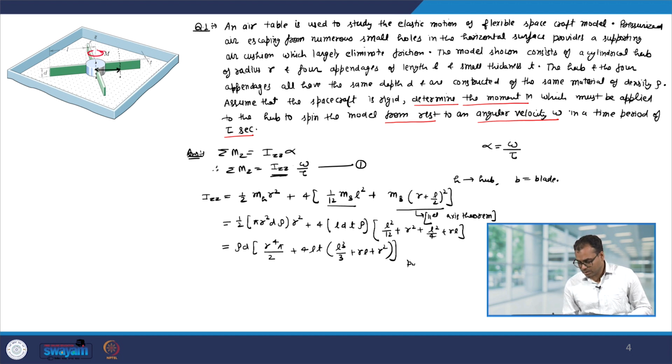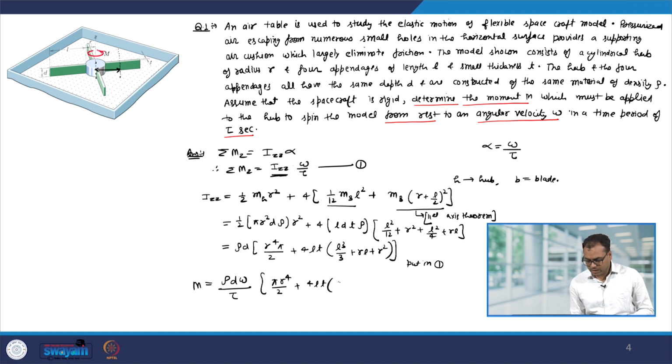Now, let us put this in 1. So, we get m equal to rho d omega divided by tau, pi r to the power 4 divided by 2 plus 4 L T, L to the power 3 divided by 3 plus r L plus r square. Okay. So, this is the moment that we have to apply to spin this model from rest to an angular velocity omega in time tau.